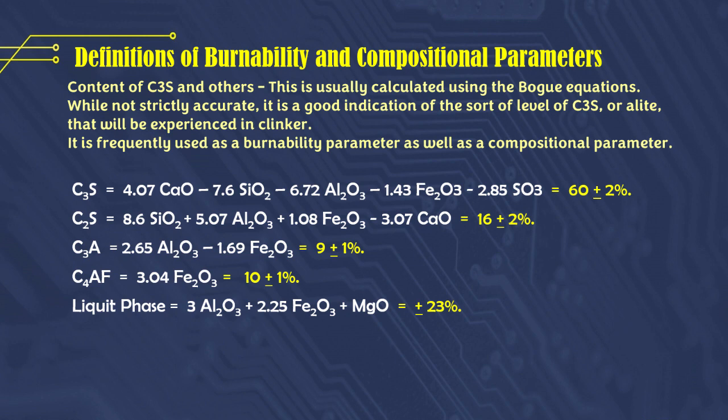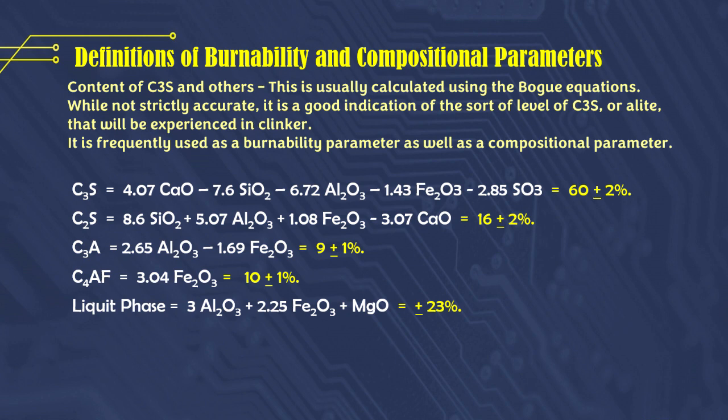C3S equals 4.07 CaO minus 7.6 SiO2 minus 6.72 Al2O3 minus 1.43 Fe2O3 minus 2.85 SO3 equals 60 plus or minus 2%. C2S equals 8.6 SiO2 plus 5.07 Al2O3 plus 1.08 Fe2O3 minus 3.07 CaO equals 16 plus or minus 2%.